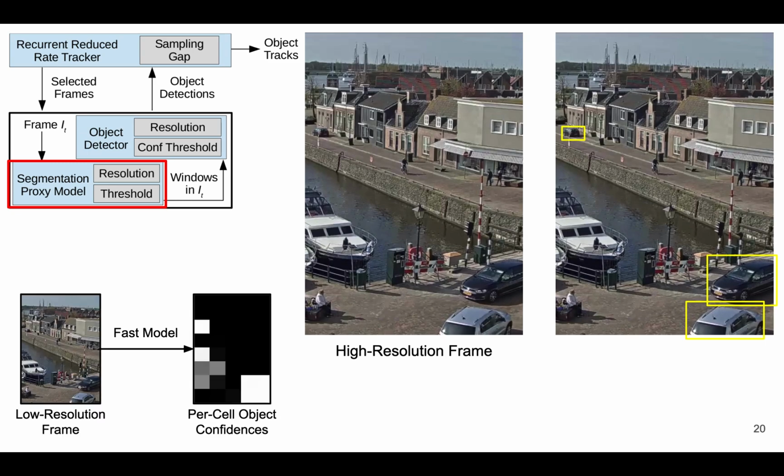What we can do, though, at a much lower resolution, is just tell roughly where objects are. So we can have this fast segmentation proxy model that looks at a very low resolution video frame, and it doesn't distinguish individual objects, but just for every patch in the video frame, it predicts how likely it is that there is at least one object of interest in that patch. So it's a much simpler task.